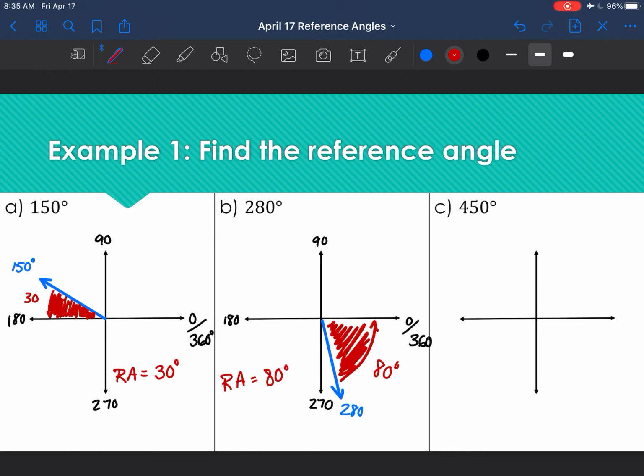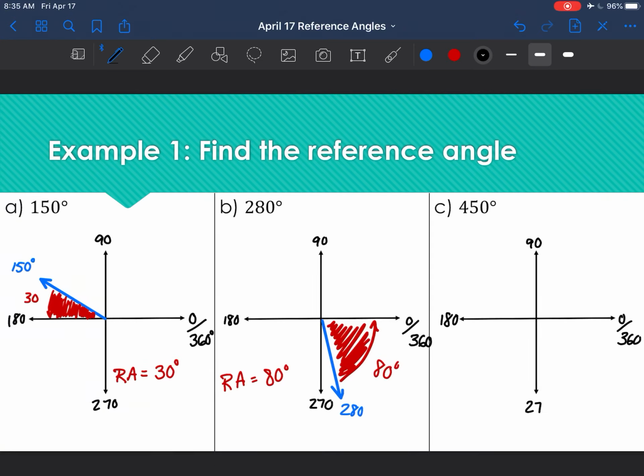Again, no matter what, it's always positive and it must be less than 90. 450 degrees. So that's going to be more than a full rotation, right? So here's 0, 180 is a half turn, back to 360, or one full rotation is 360.